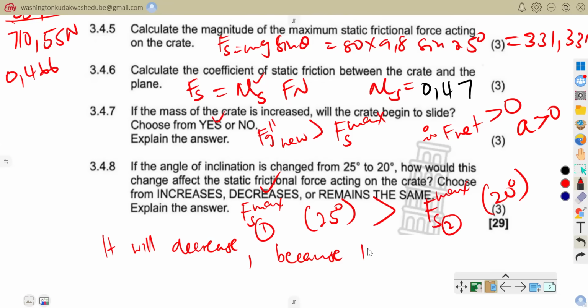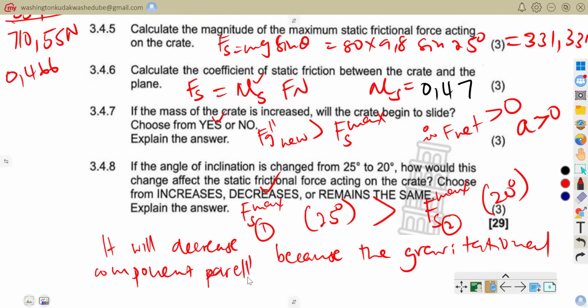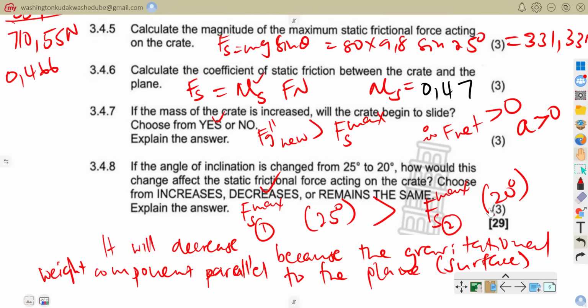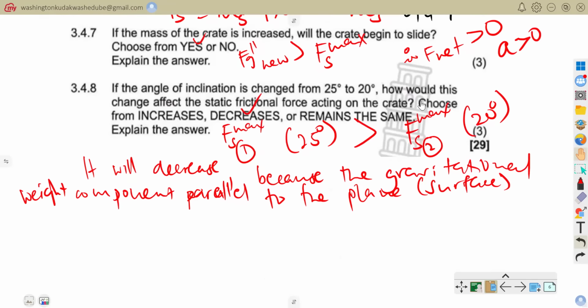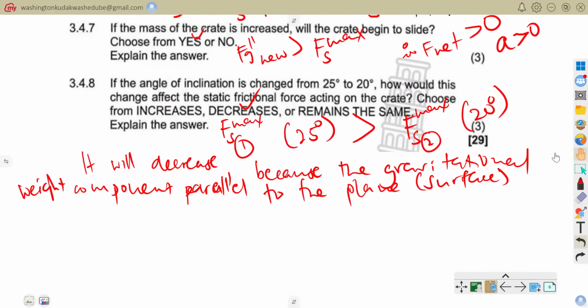because the gravitational weight component of the object parallel to the plane, or else of the surface, will now decrease, and our static frictional force is being given by that.